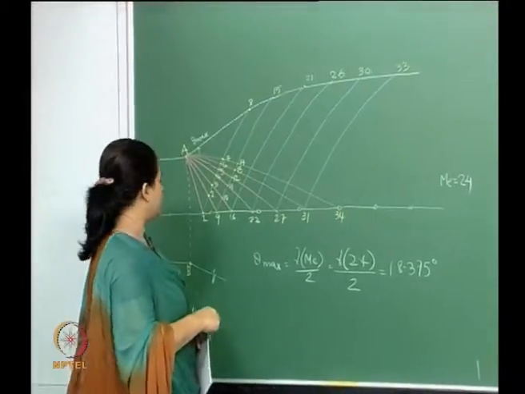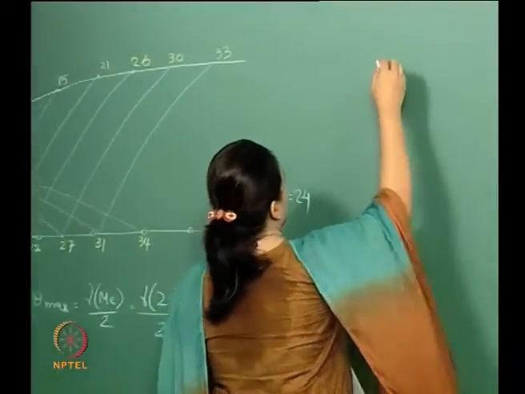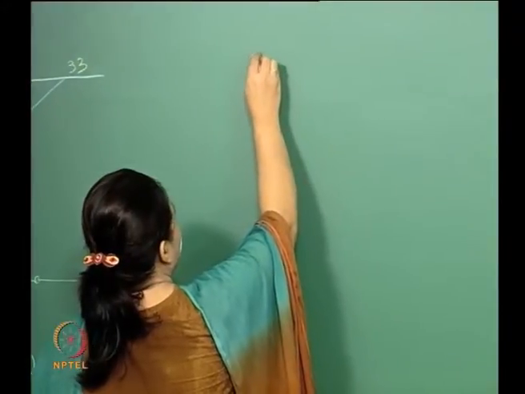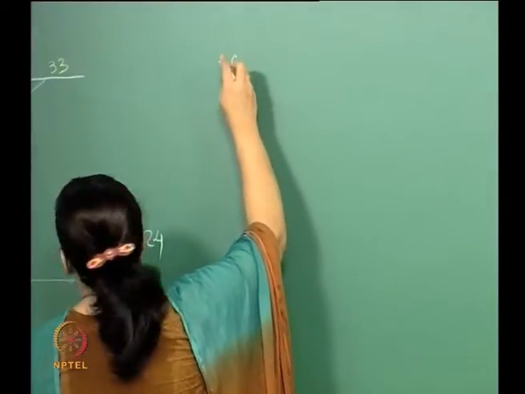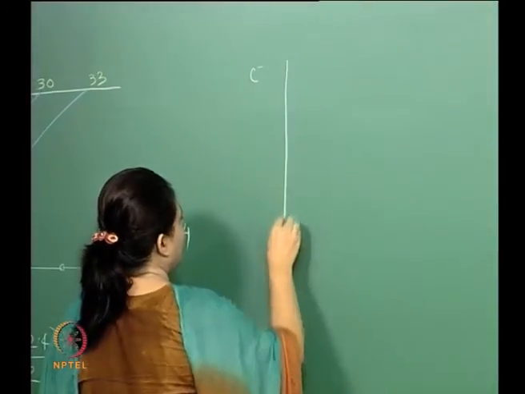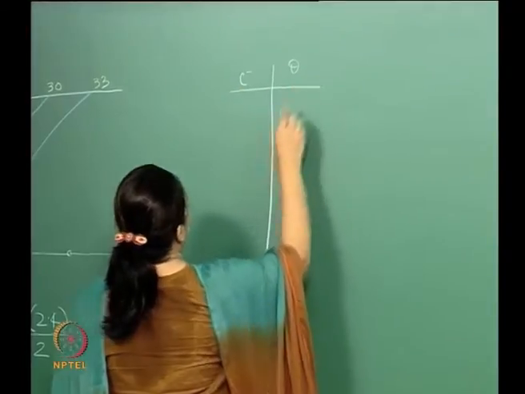A1, okay. So let me just develop a table. Let us say this is the left running characteristics, and we have the corresponding theta.